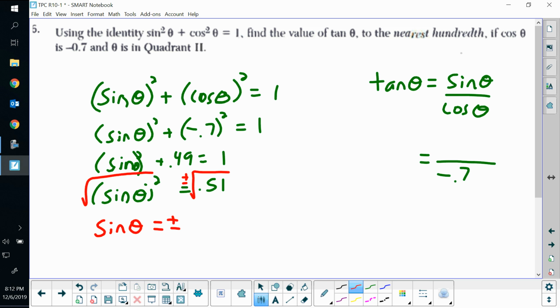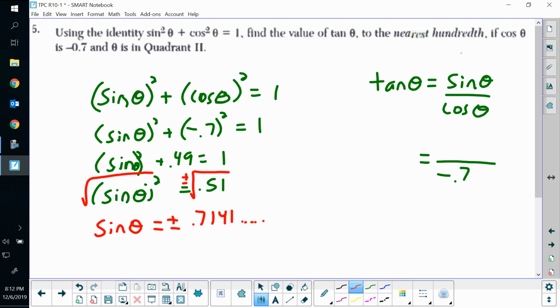So we're going to have plus minus, and we'll give you a moment to put that square root of the 0.51 in your calculator. Notice we will not be at our final answer yet, so make sure you keep it all the way out. So we should get something like 0.7141 and then a bunch of other stuff.